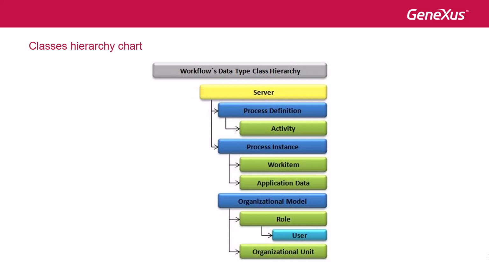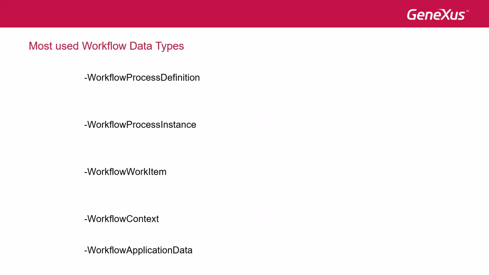The data types used most frequently are the following. With Workflow Process Definition, we can access several properties of the diagram, such as name, version, tasks that include it, which we call activities, and we can also create an execution instance of the process with the createInstance method based on that definition.